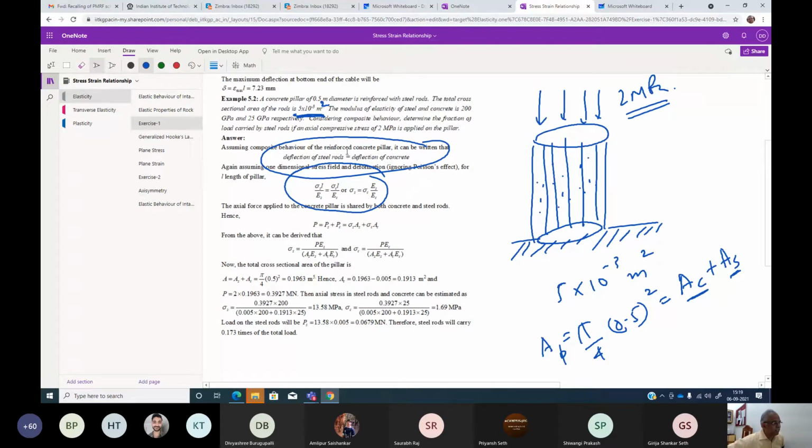So rod and concrete will deform at the same rate or the same value. So if I can find out the strain, the strain of concrete, can anybody tell me what it will be? Strain of concrete?